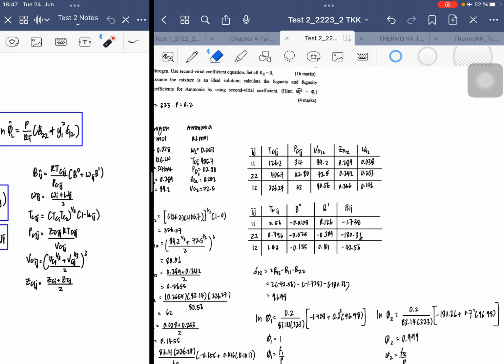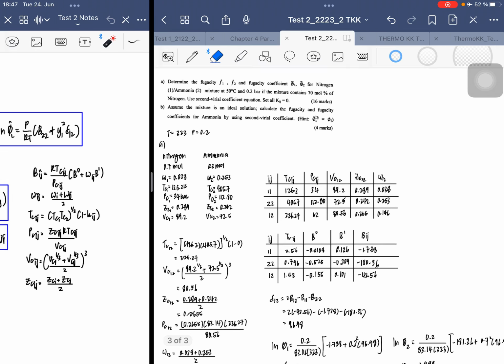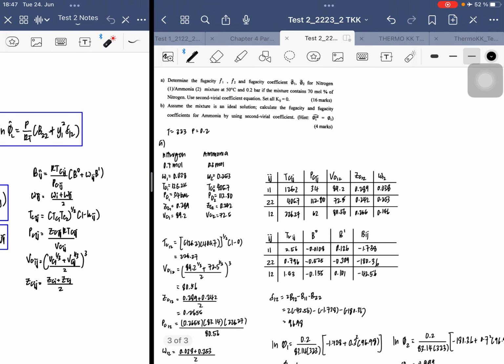For the first part, TCIJ is (TC1 TC2) to the power 1 over 2, times (1 minus KIJ). One important note: pay attention to this part. Set all KIJ as 0. I don't really feel like explaining what KIJ is, so I'll skip it. But if the question doesn't mention the value of KIJ, it is safe to assume KIJ is 0.